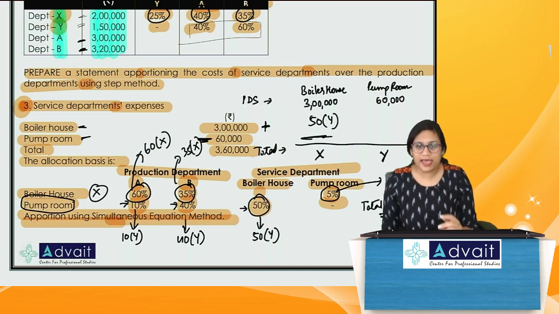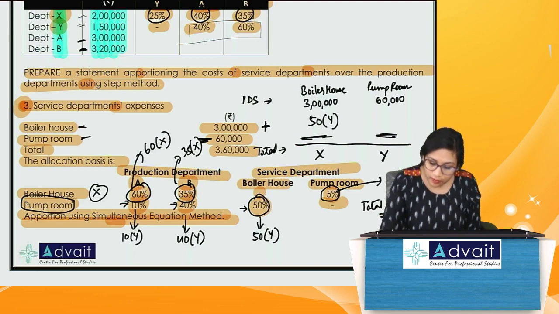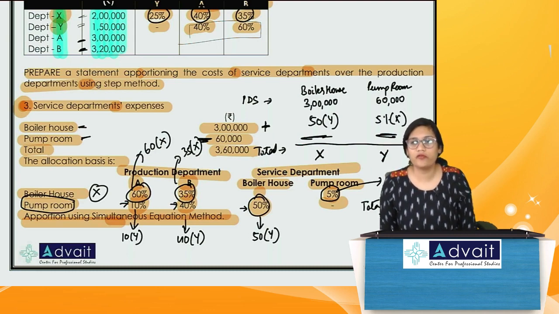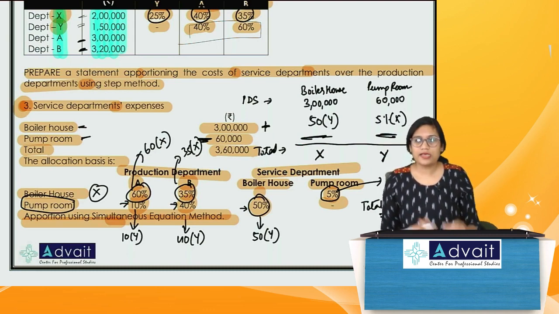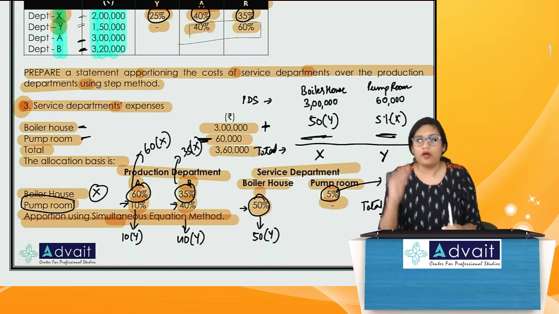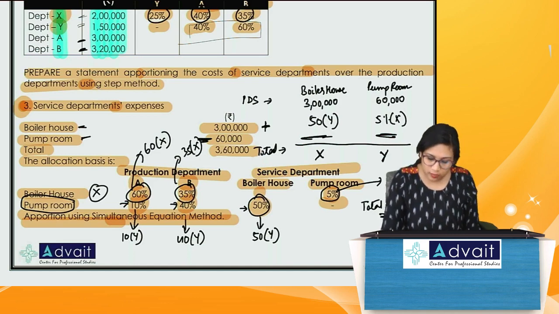So can I say this missing figure here is nothing but 5% of X? Can I say it is 5% of X? Guys, are you all with me? Everybody? Yes. So once again, see, what did I do? Let's remove this.